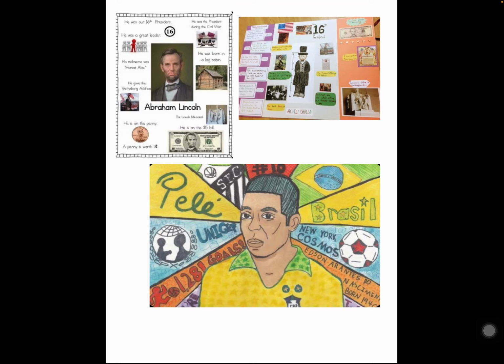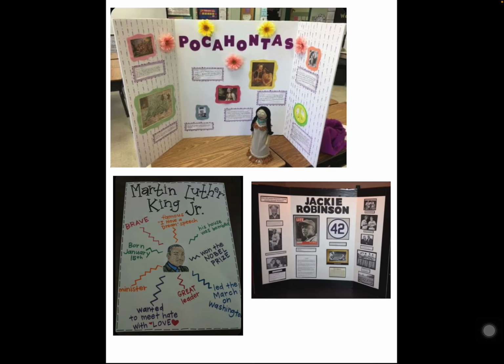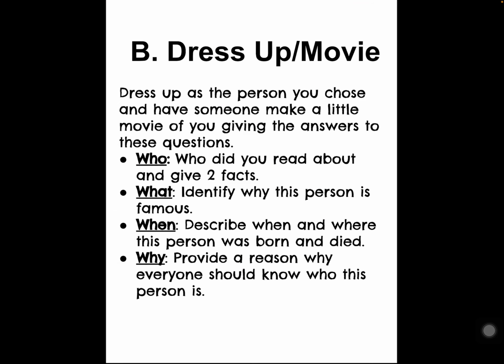A fun way to make a biography poster about Pele, because it puts him in the middle and then shows lots of information around the outside. There we have a poster about Pocahontas, Martin Luther King, and Jackie Robinson. So that's an idea. Your posters don't have to be this big. They just have to have the information that was on that page about the poster.